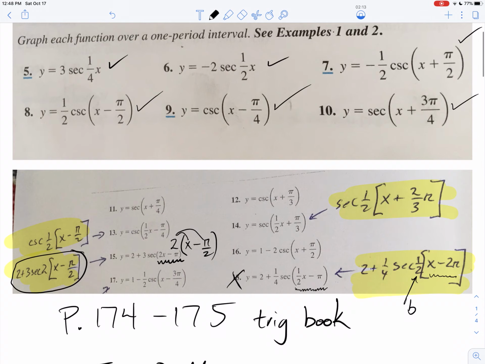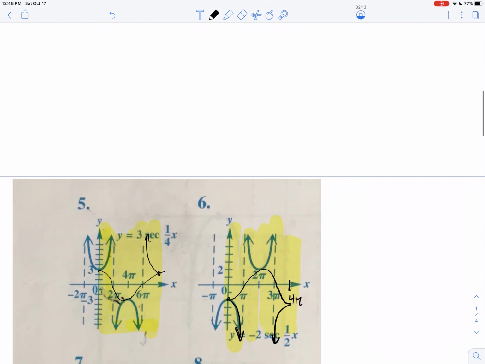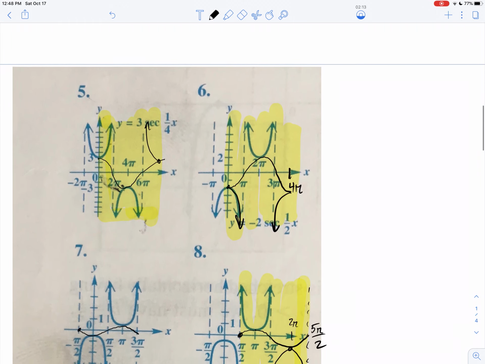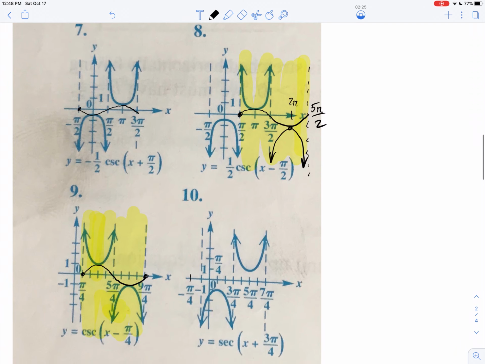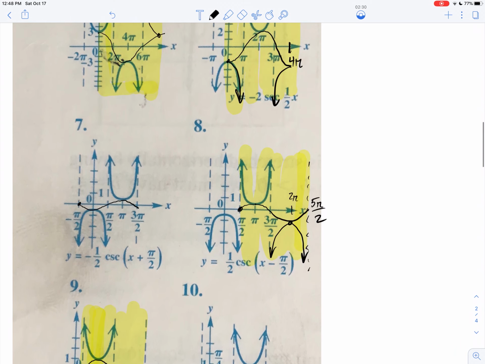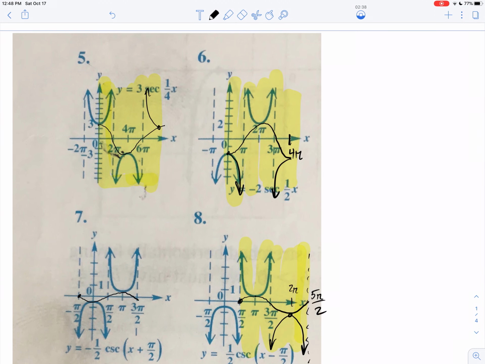So here's the answer key that comes with the book. I want you to really look at problems 5, 6, 7, 8, 9, 10. For one, they don't draw in their guide graphs. Do you see how I personally sketched in the guide graphs there so it might help your brain out a little bit? But here's where I'm trying to help you out the most.